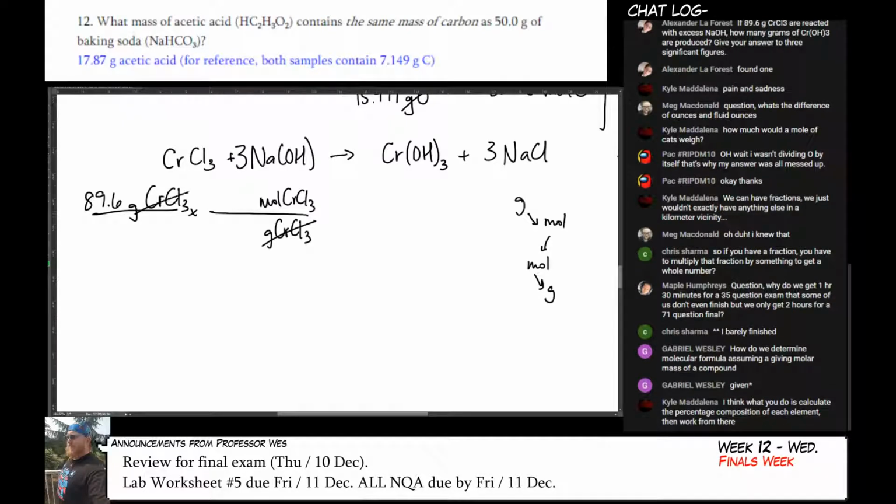So there we go. And then we'll do moles of that to moles of the product. And of course I run out of space because I don't know how to budget for space. Moles of this over, or grams of CrOH3. There we go.